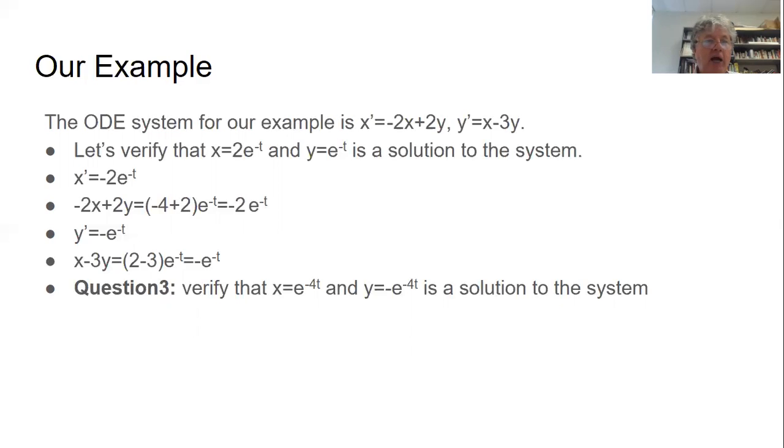We take the derivative of y, we get minus e to the minus t, and that's the same thing as x minus 3y. Okay, so for the minus 4 eigenvalue, we saw that 1, minus 1 was the eigenvector. So your third question is to verify that x equals e to the minus 4t and y equals minus e to the minus 4t is a solution to the system.